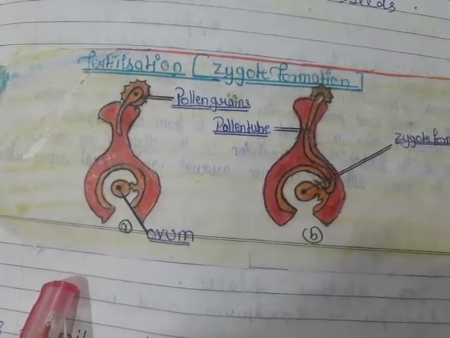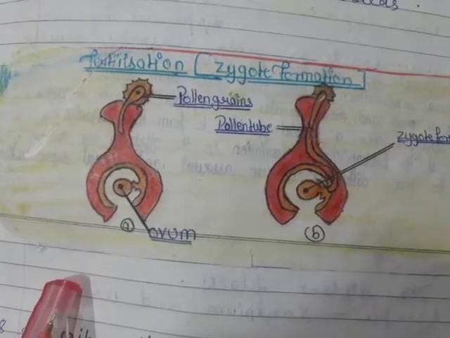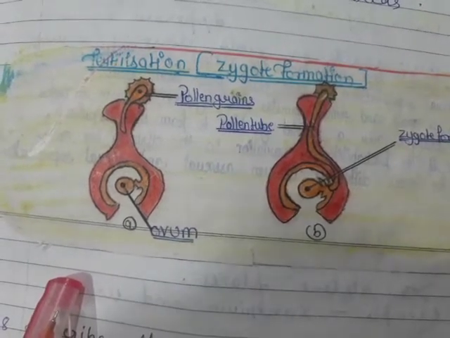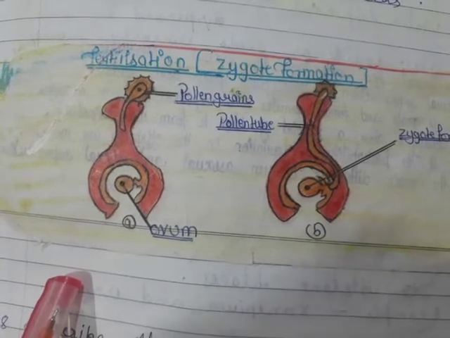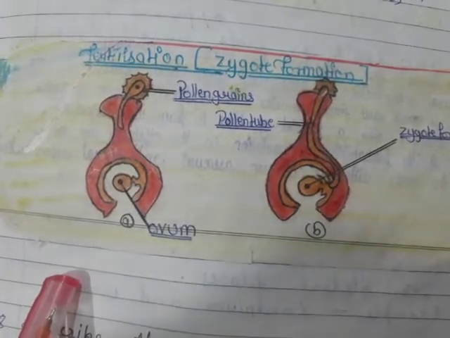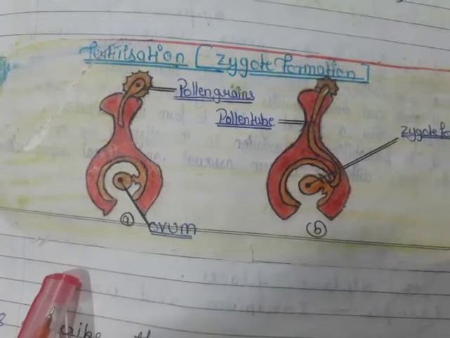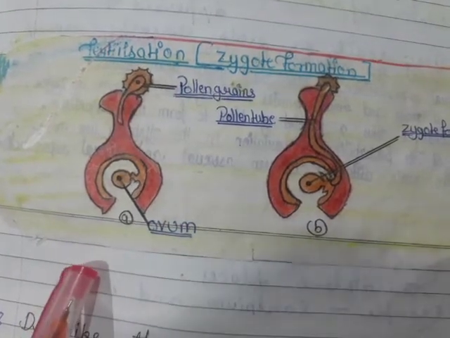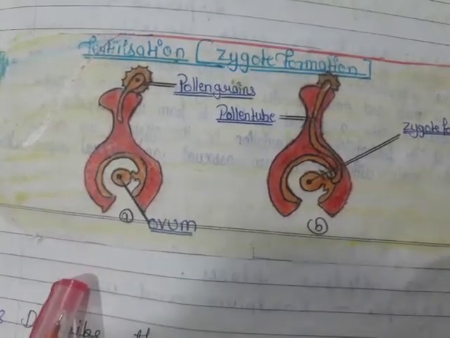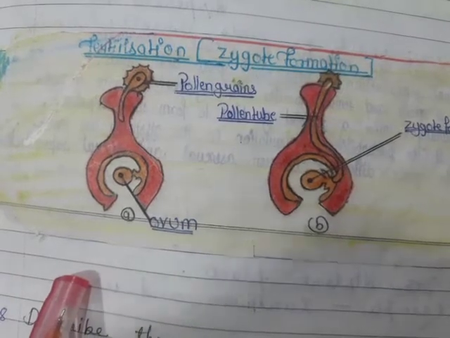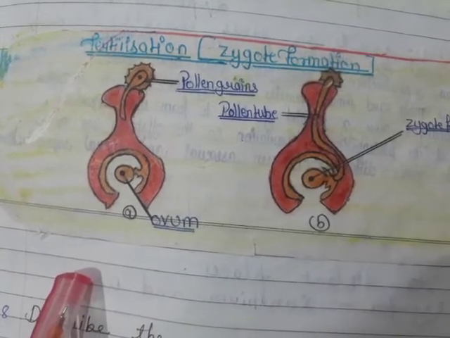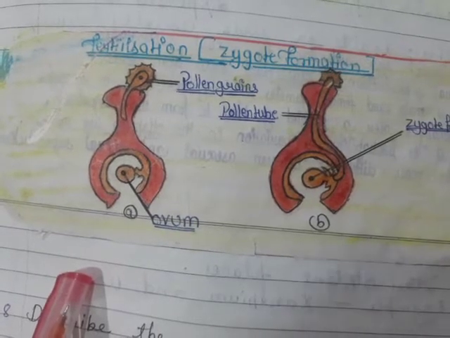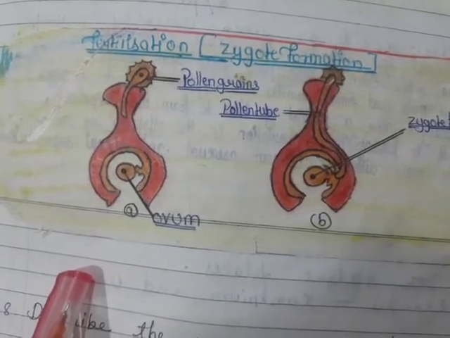There are several methods of asexual reproduction such as fragmentation, budding, spore formation and vegetative propagation. Sexual reproduction involves the fusion of male and female gametes. In vegetative propagation, new plants are produced from different vegetative parts such as leaves, stem and roots.